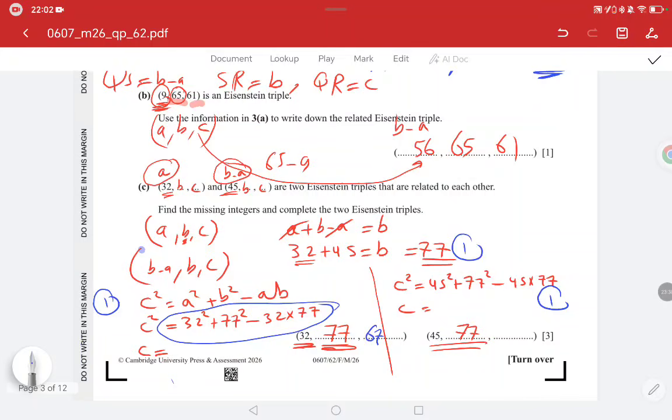So for the next one, 45 squared plus 77 squared minus 45 times 77, and then the square root of the answer. The answer here is 67, and it gave me the same answer. Look here, actually I could just find this one.